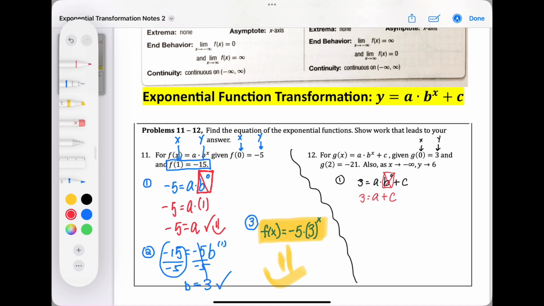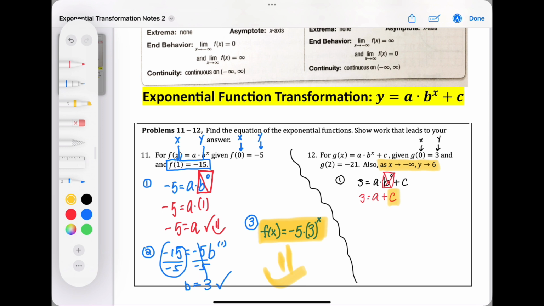But now I don't know the c. What do I know? Now activate your ego eye. C is my horizontal asymptote. So this tells me as x gets more and more negative, my y value gets to 6.